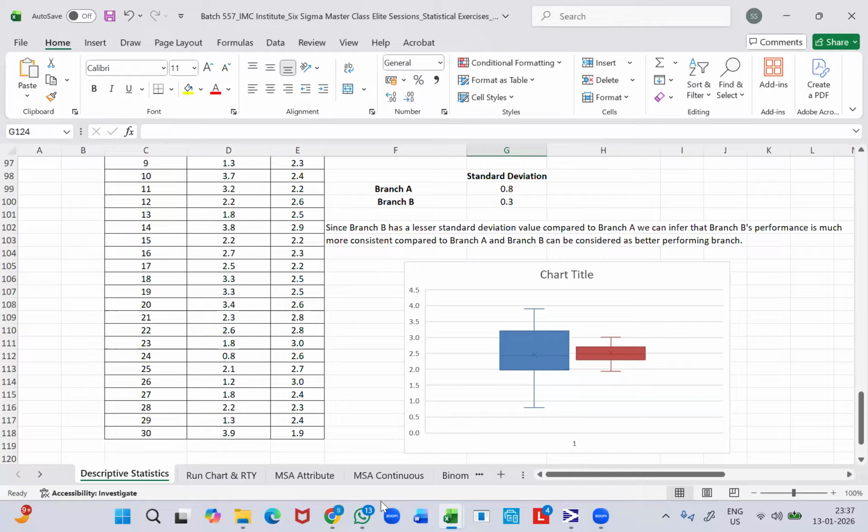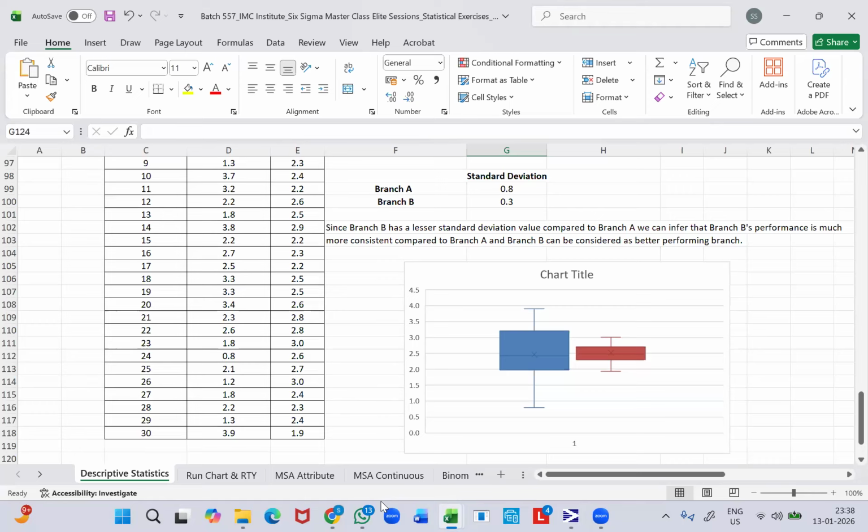Then how do we find out whether the measurement system is working fine or not? We need to refer to the variation contributed by the measurement system. The variation in the output data set would be a combination of both the process variation as well as the measurement system variation.